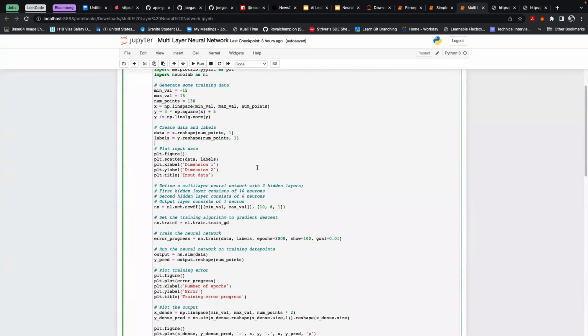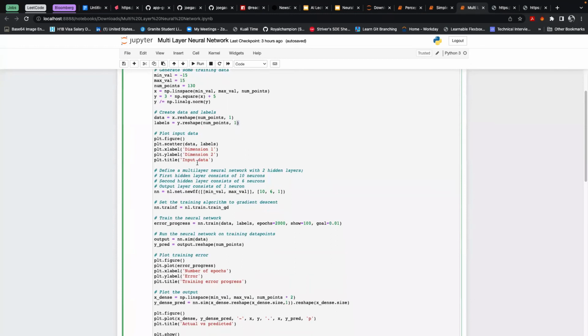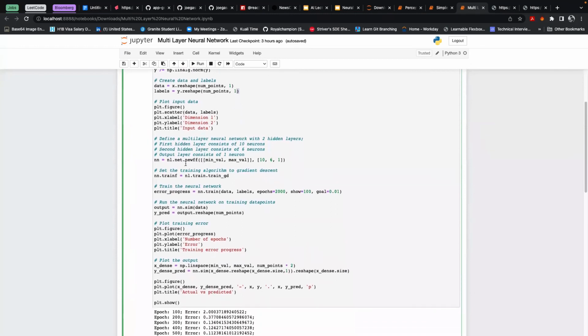Now we reshape the preceding variables to create a training data set. We then plot the input data and then define a multi-layer neural network with two hidden layers. Then we train the neural network using the training data that was generated, run the neural network on the training data points, and then plot the training progress.